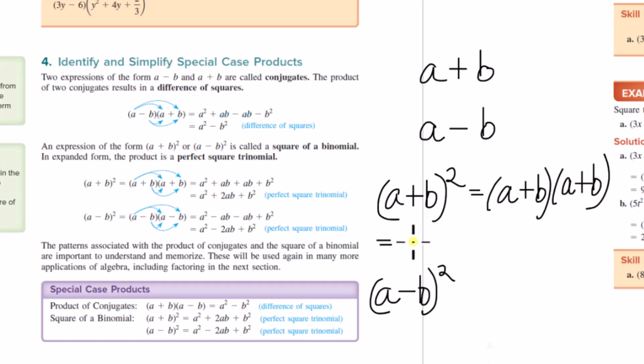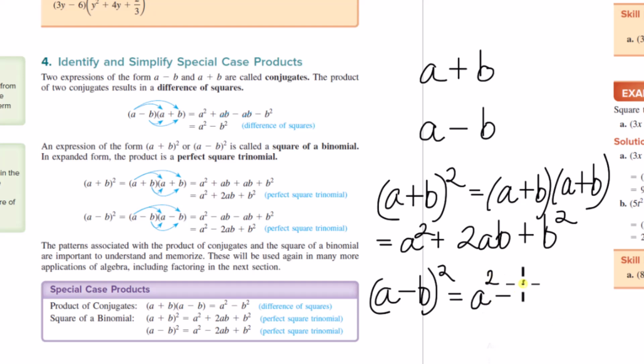So we'll get a squared plus ab plus ab, so that's going to be 2ab plus b squared. Okay, and if we did the same thing over here, it's going to be a squared minus 2ab plus b squared.